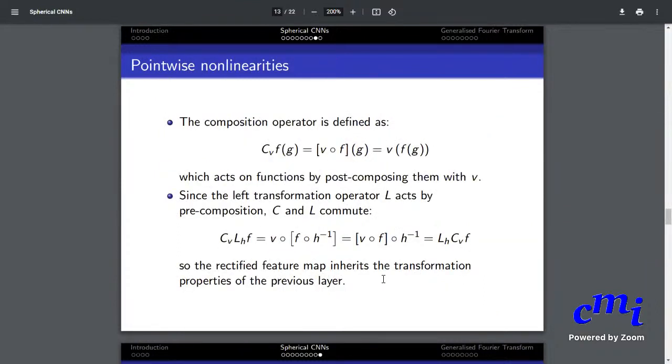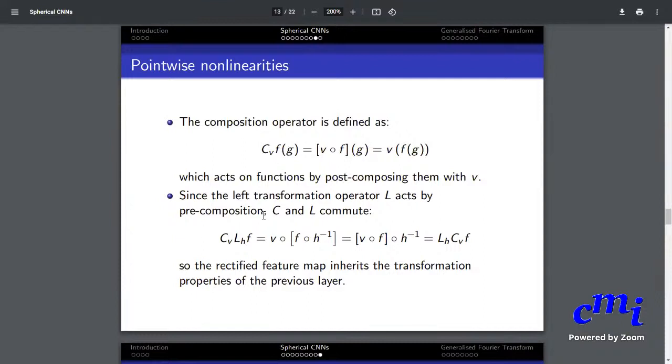So the next thing that we want, again, is to justify using these layers from the second layer onward in the whole network. We are defining this composition operator as C_v f of g, which is the composition of v and f on g.